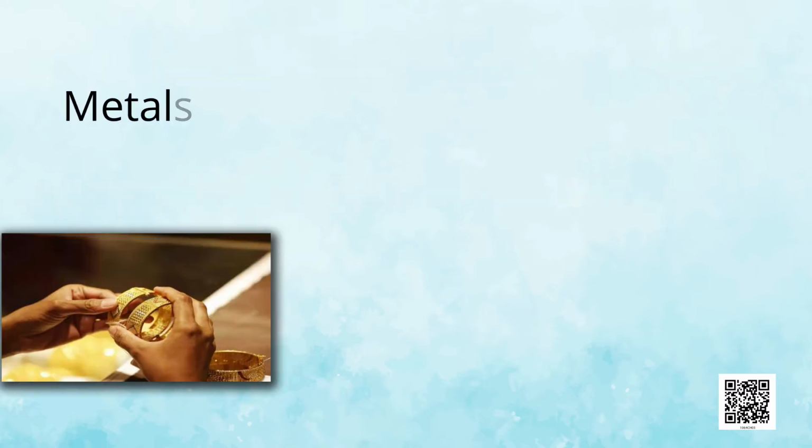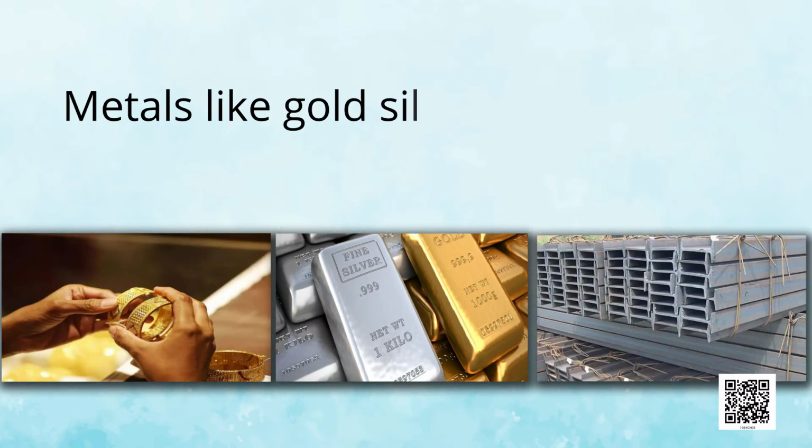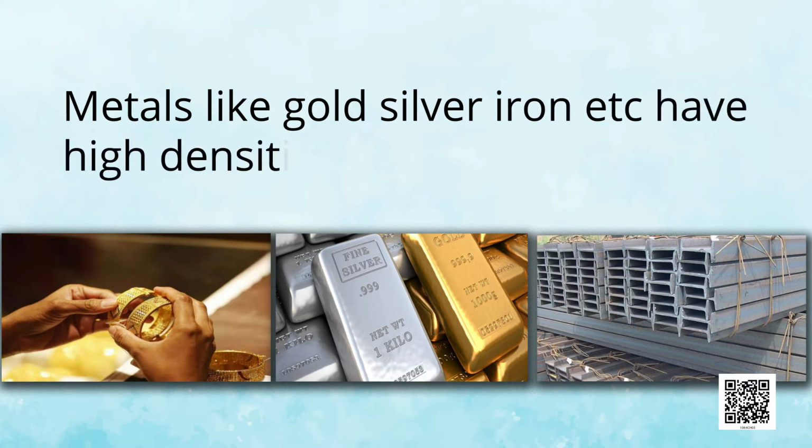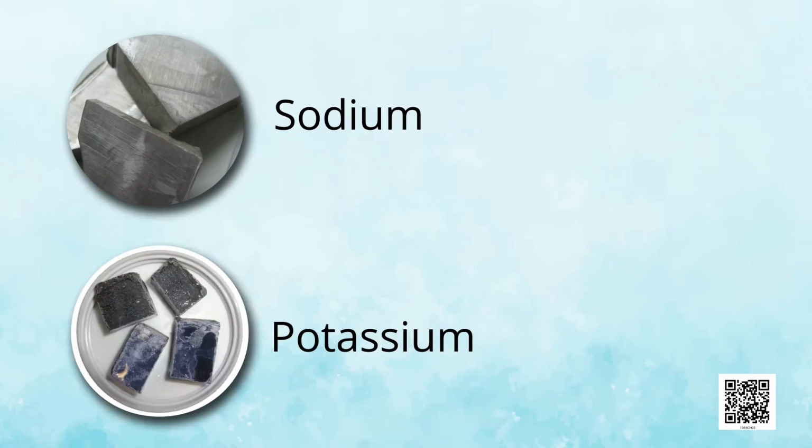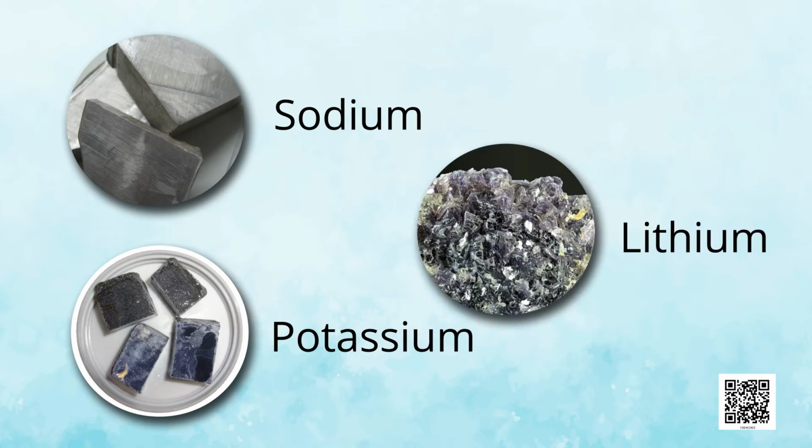Other metals like gold, silver, etc. have high densities. But sodium and potassium metals have comparatively less density. Lithium metal is the lightest metal because its density is very low.